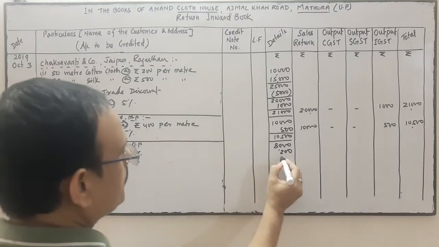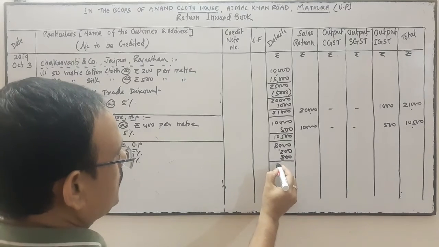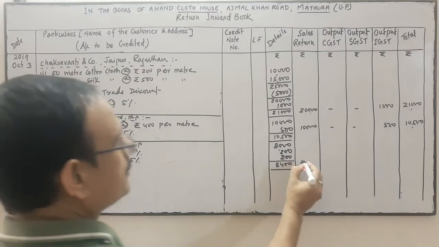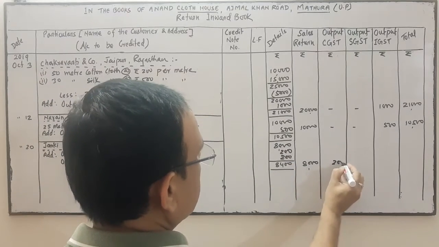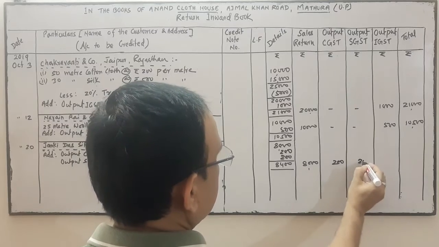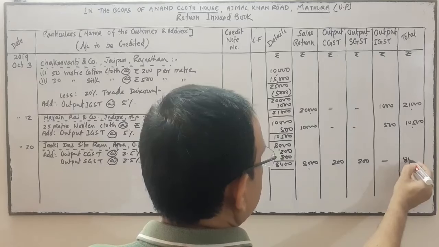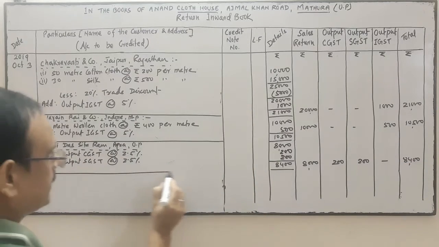So 200 plus 200, SGST and CGST. So total is 8,400. So 8,000 will be in the sales return, 200 will be in the CGST, 200 will be in the SGST, and here 8,400. So this transaction is completed.